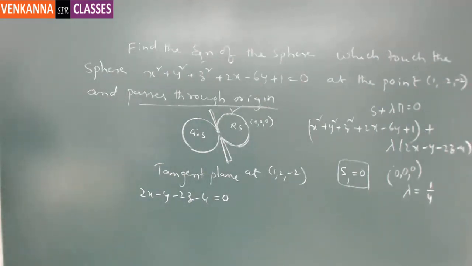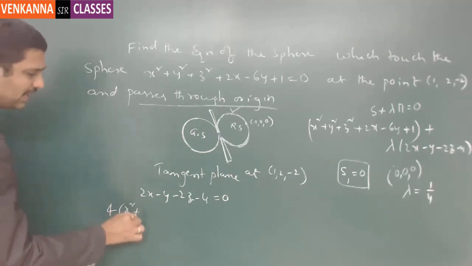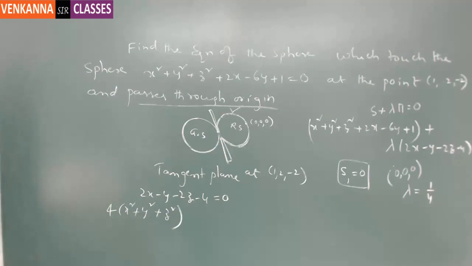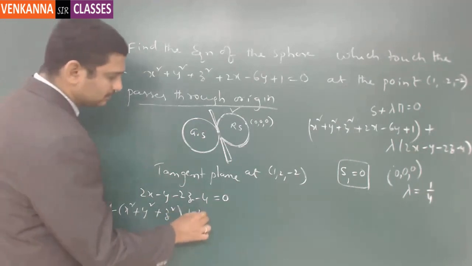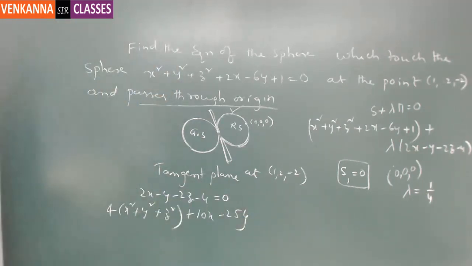Hence, substituting the lambda value, the required sphere equation is 4 into x square plus y square plus z square plus 10x minus 25y minus 2z equal to 0.